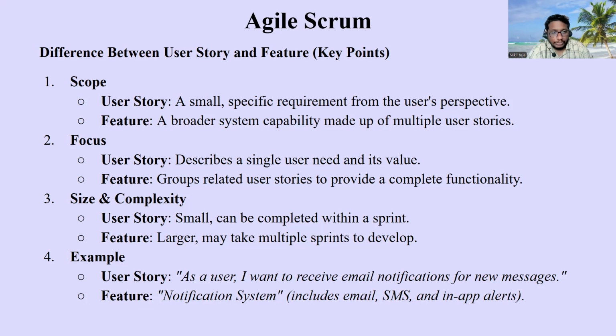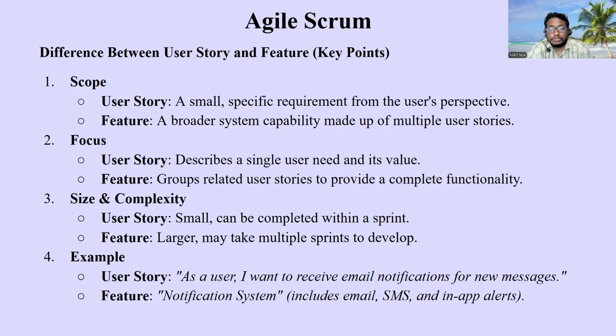A feature groups related user stories to provide complete functionality. A user story describes things from the perspective of one person, but a feature describes things from the perspective of multiple users.